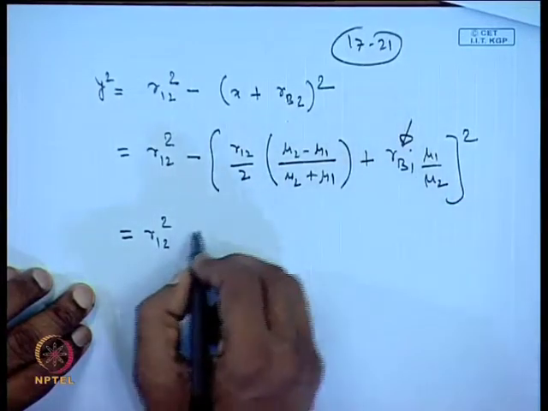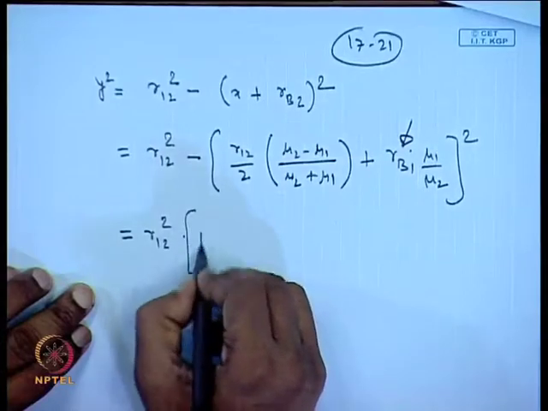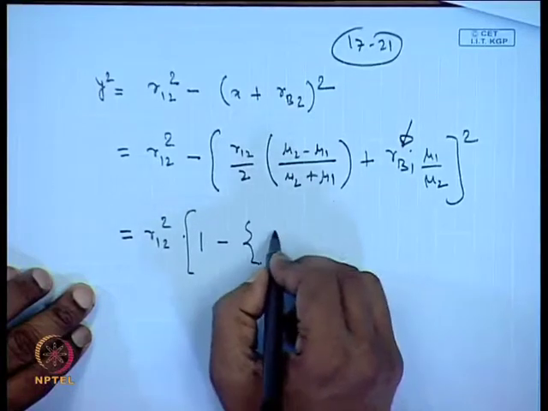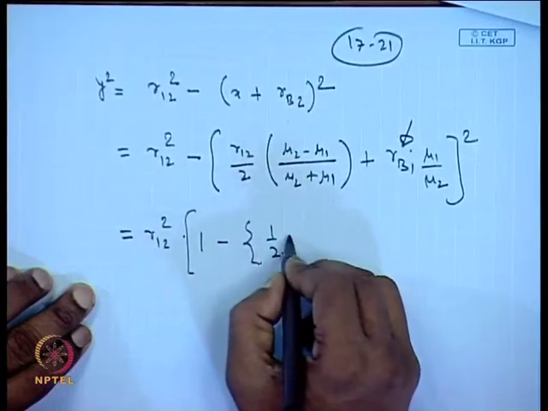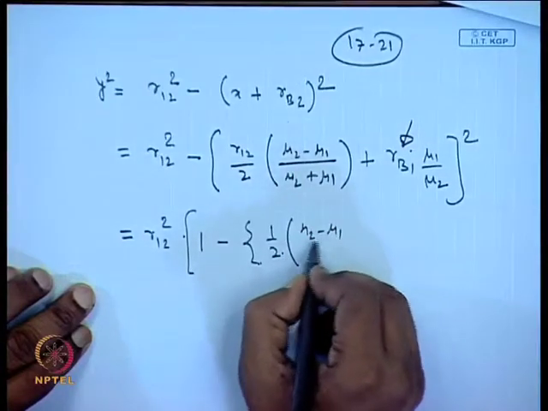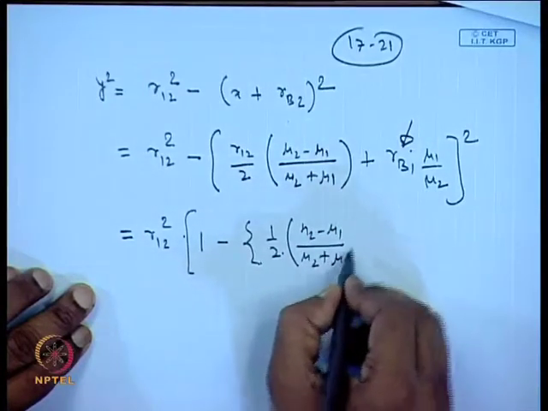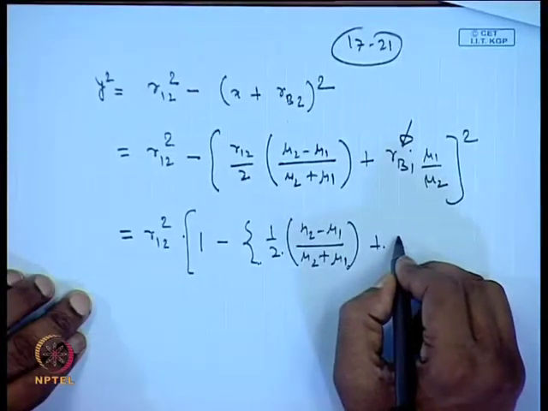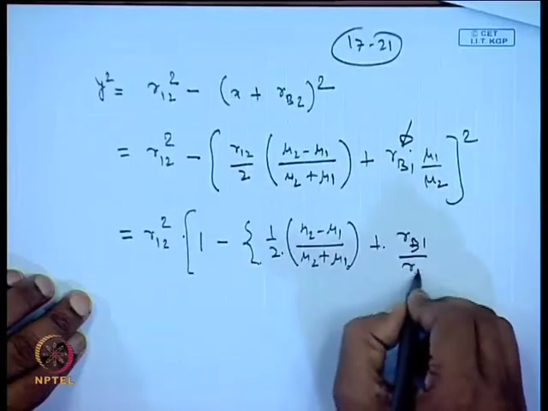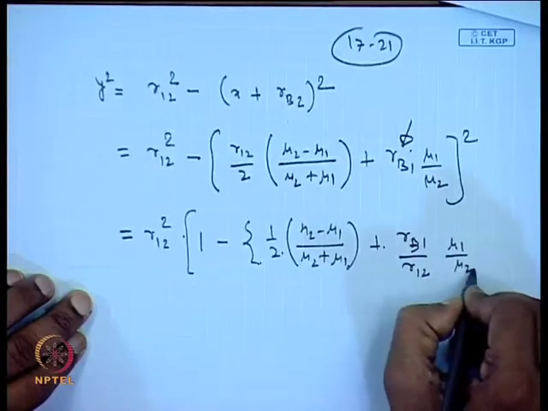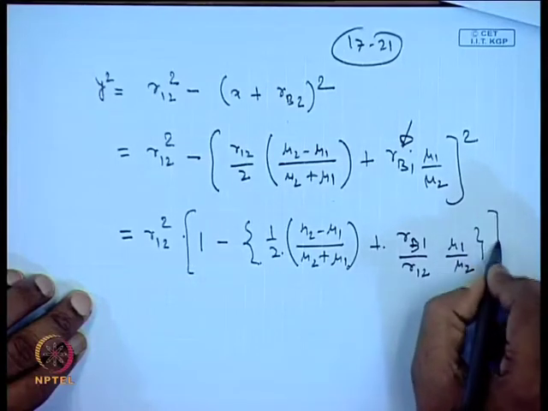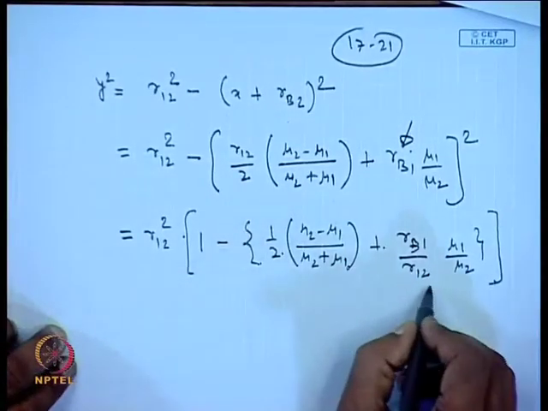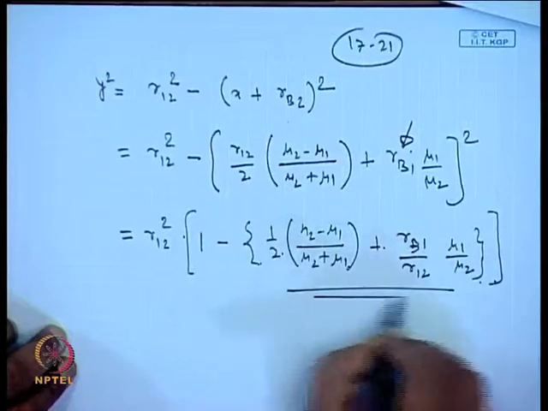So, after that simplification, we can write this as 1 by 2 (mu_2 minus mu_1) by (mu_2 plus mu_1) times R_b1 by R_12 times mu_1 by mu_2. Okay. And further simplification of this can be done.